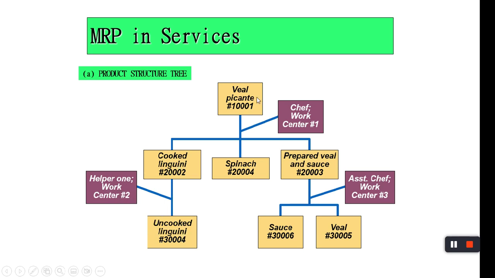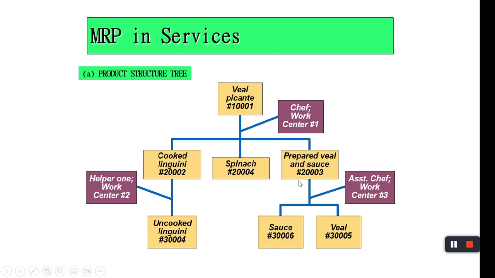Okay, and another raw material that we need in order to cook this particular dish is the spinach. So spinach is here, and then we also need a prepared veal and sauce. So in order to produce this subcomponent, we need the sauce and the veal, right?